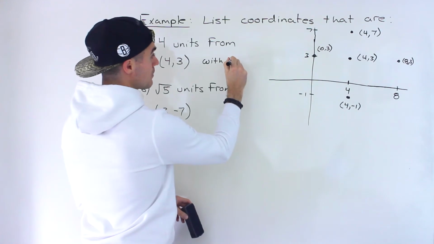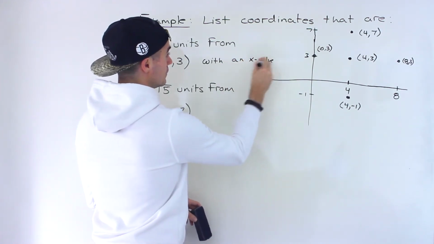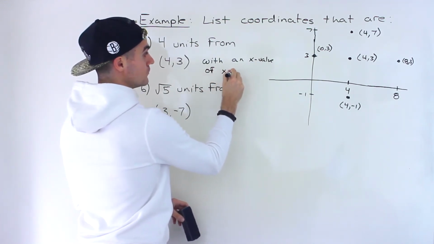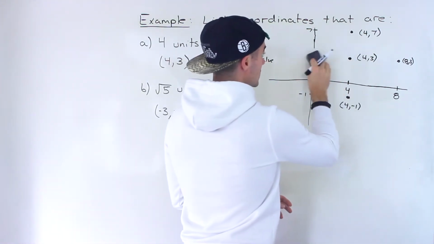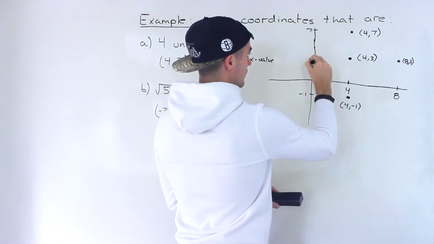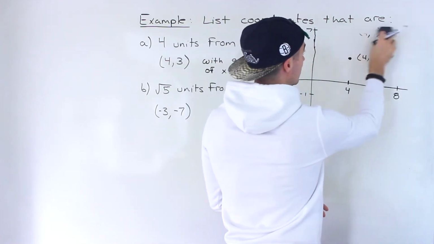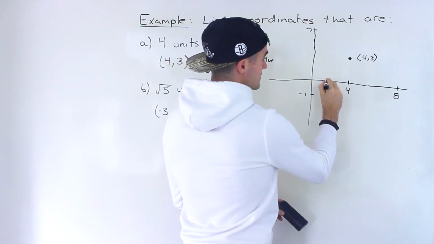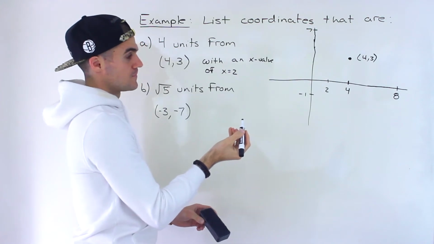So let's say with an x value of, I don't know, let's say 2. Let me erase these other points. Now this question becomes a lot tougher, because now the x value of the point has to be 2.